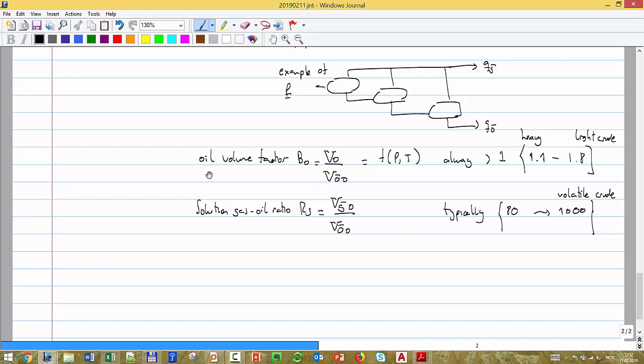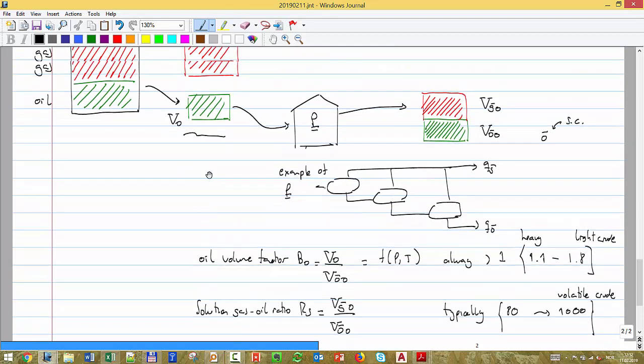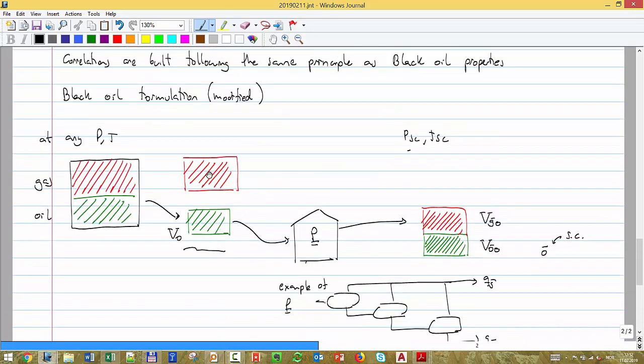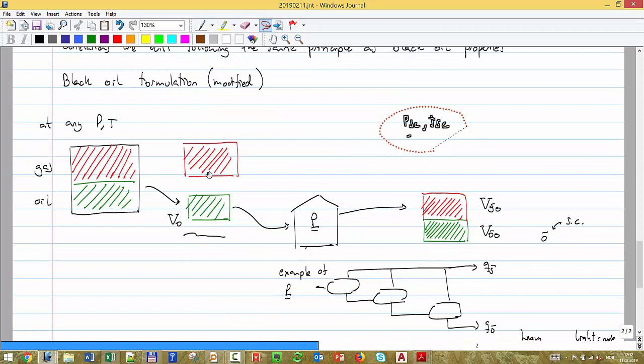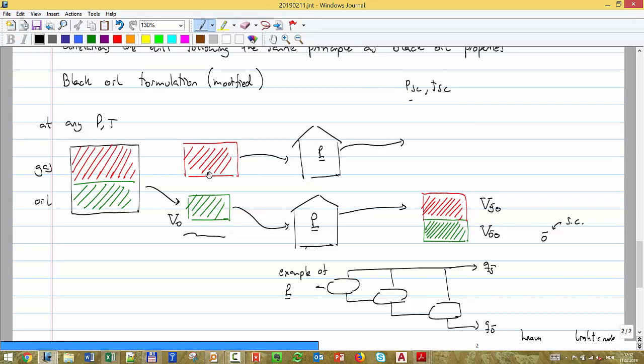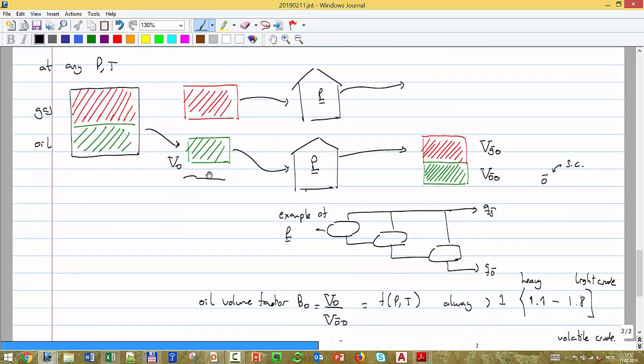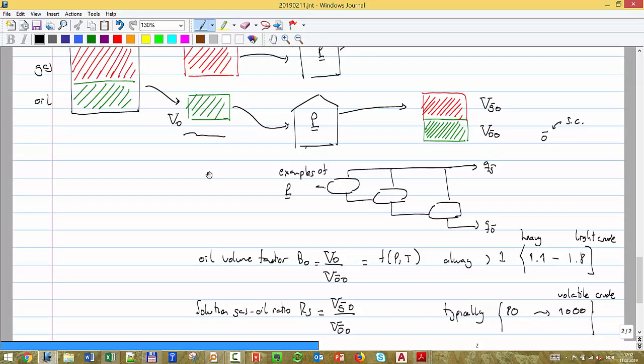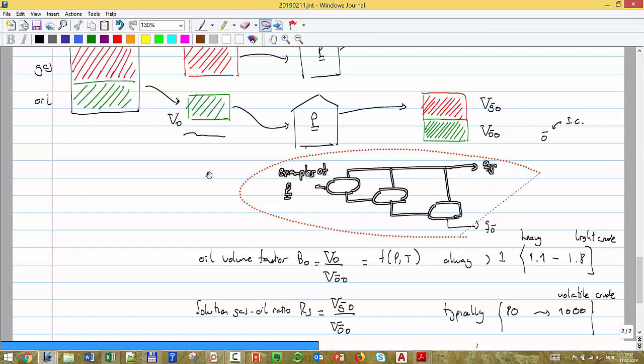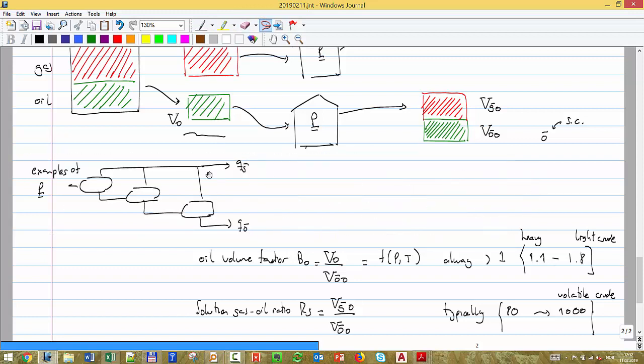Okay. And then I do the same with the gas. I pass it through this surface process that, remember, can be just simply expanding on a piston. You have it on a piston and then you expand it.